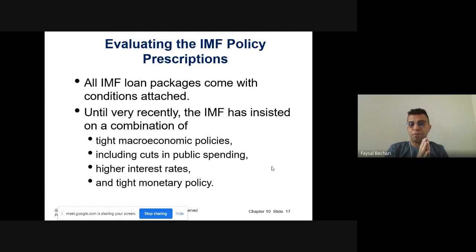Evaluating the IMF policy prescription. All IMF loan packages come with conditions attached to them. Until very recently, the IMF has insisted on a combination of tight macroeconomic policies, including cuts in public spending, higher interest rates, and tight monetary policies.